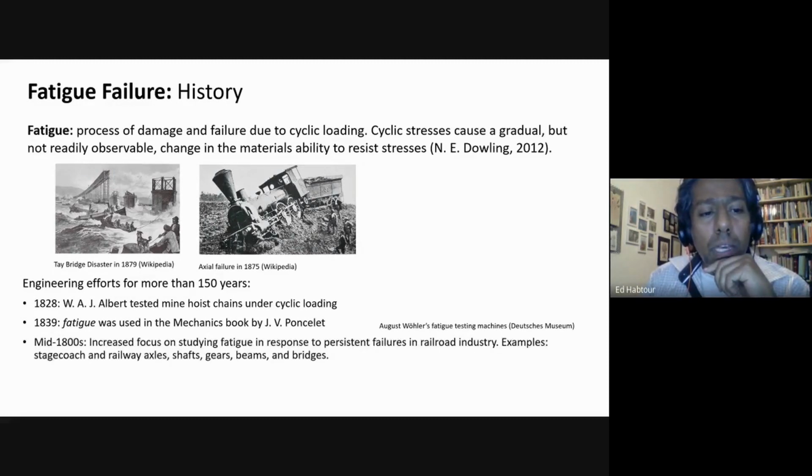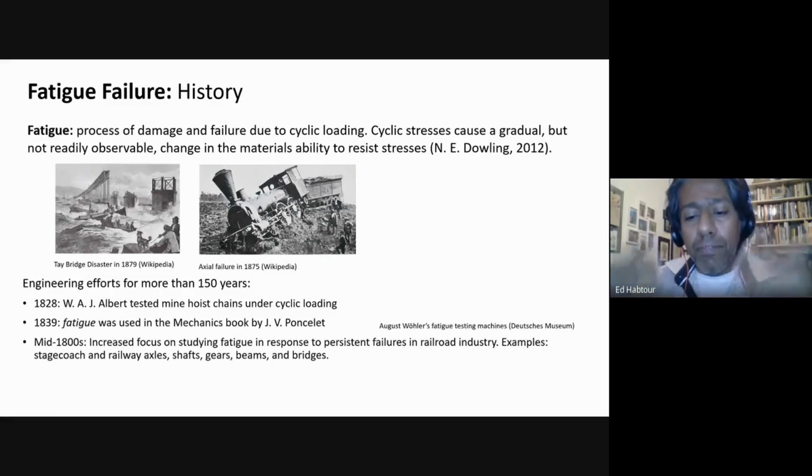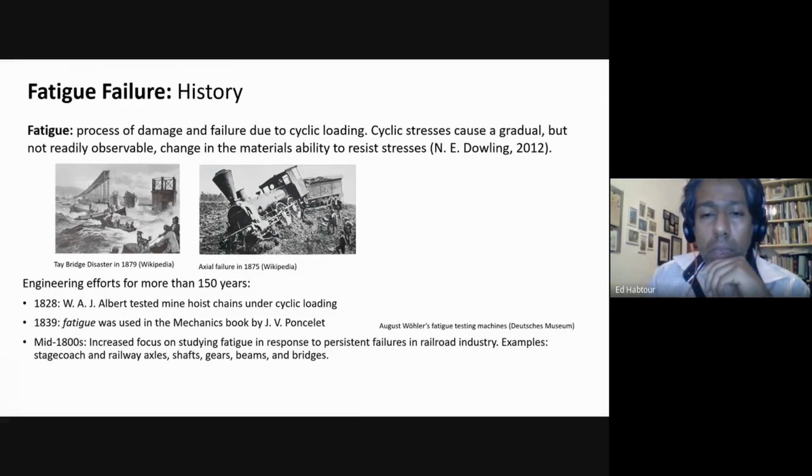And then these disasters kept on getting more aggressive because the engines on those trains were stronger, so the stresses induced on parts in the train were also greater as a result.